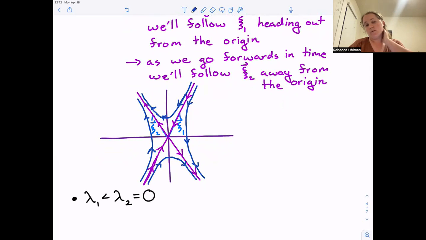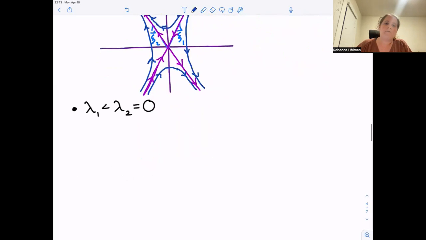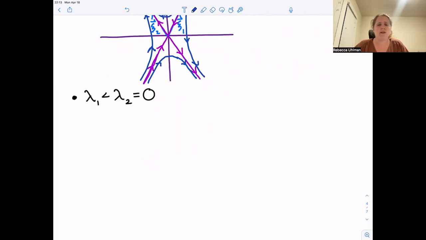Note, we don't have to really pay attention to how they compare in terms of absolute value. All that matters is we know which eigenvector corresponds to the positive eigenvalue and which eigenvector corresponds to the negative eigenvalue. Going forward, in the case where lambda1 is less than lambda2, with lambda2 equaling 0, so we have lambda1 negative, lambda2 equals 0.